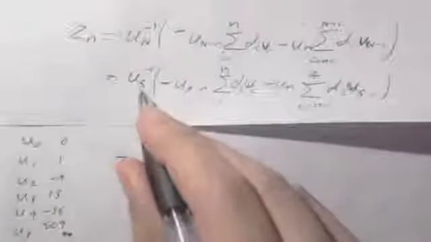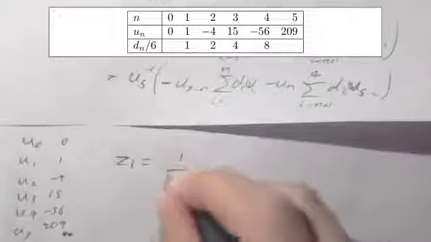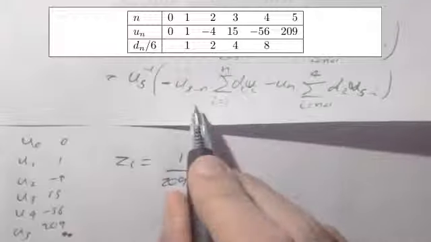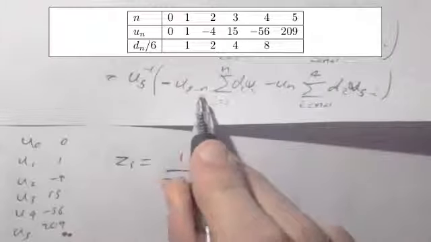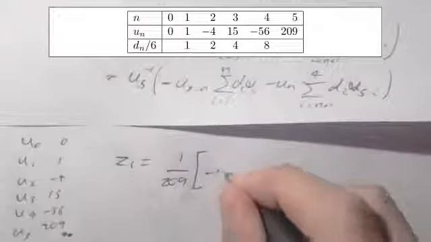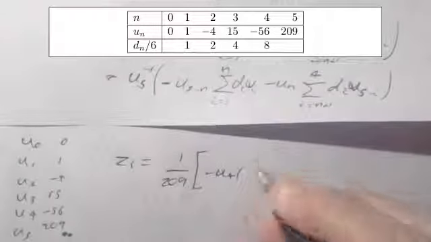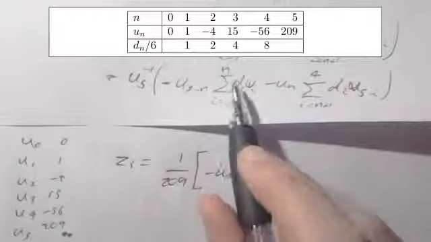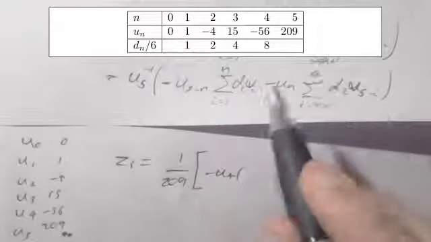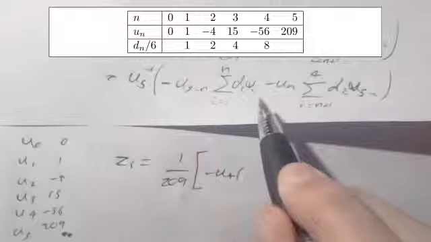So Z1 is going to be U5 to the minus 1, so 1 over 209 times minus U5 minus n, well n is 1, so it's going to be minus U4 times the sum I equals 1 to n, and n is just 1, so it's going to be D1 times U1.